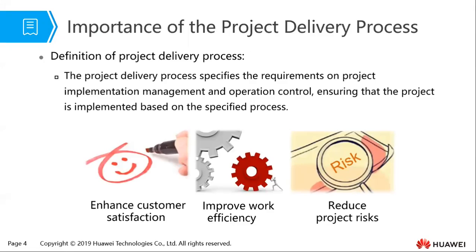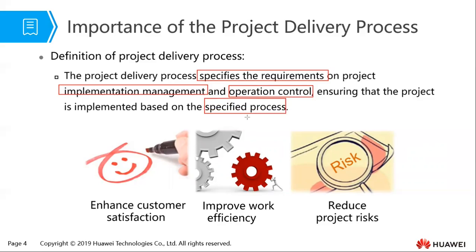Now, generally, the project delivery process can be defined as this. It specifies the requirements on the project implementation, management, and operation control, ensuring that the project is implemented based on the specified process.